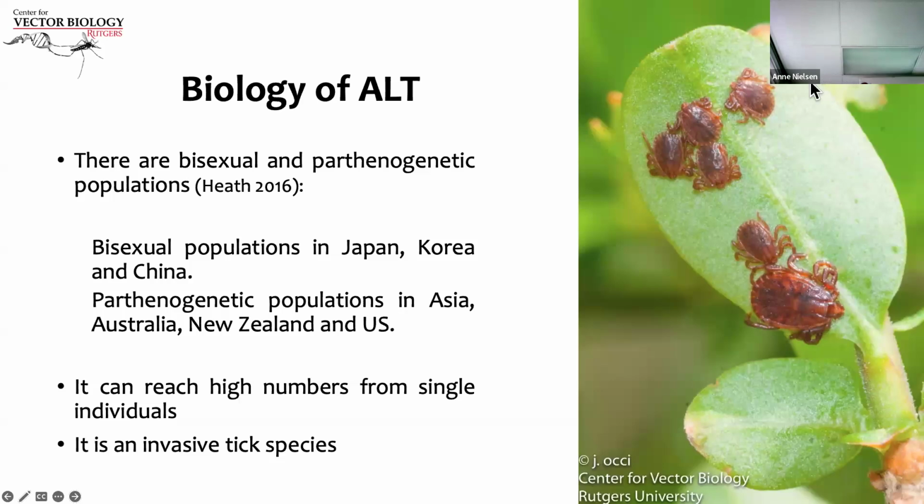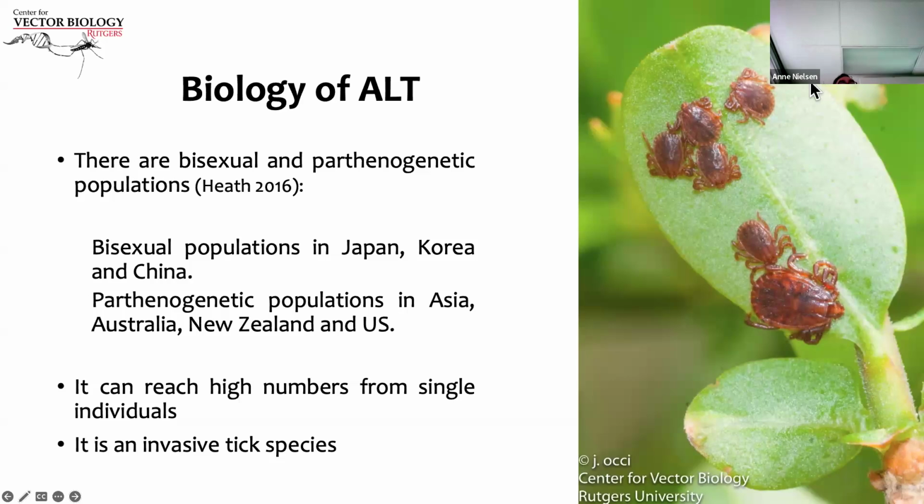There are two types of populations in Asia of ALT. They have bisexual populations and parthenogenetic populations, and these populations don't mix together. They are separate. The presence of parthenogenetic populations is kind of unique for this tick species. You don't find it in ticks that much, but you find it a lot in mites.